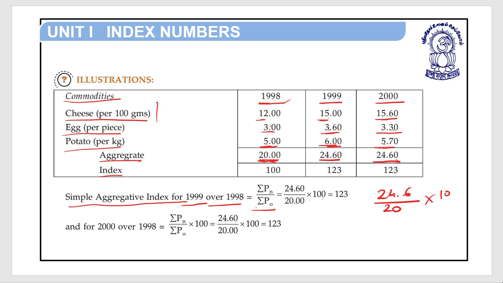So directly 12.3 into 10 is 123. And for 2000 over 1998, sum of Pn upon sum of P0 into 100, 24.60 upon 20 into 100.